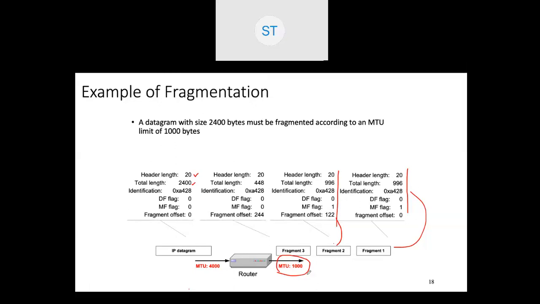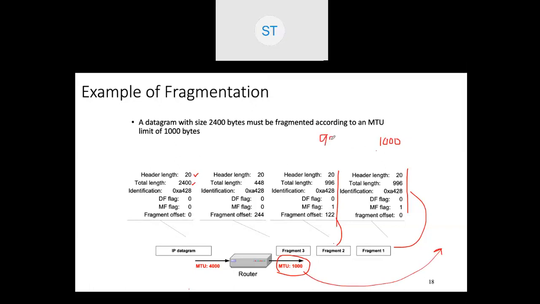1000 is the MTU. So to calculate it, 1000 minus 20 is 980.